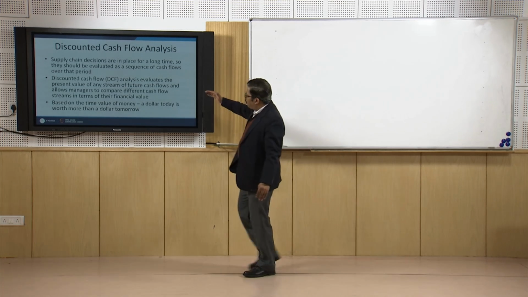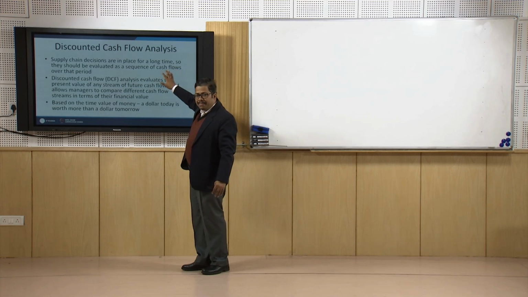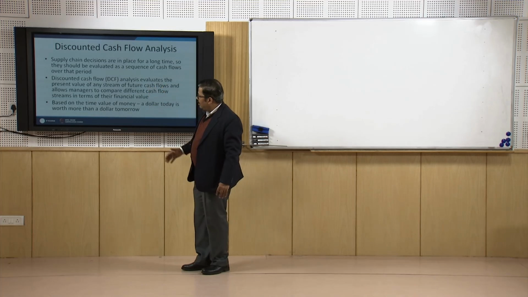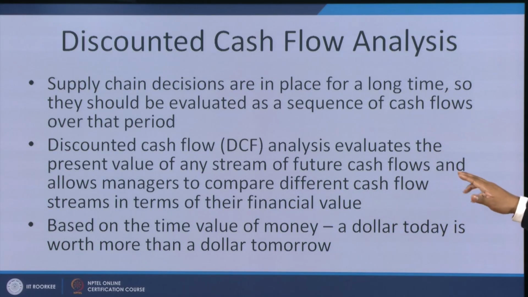The sequence of cash flows over that 5-year or 10-year period is going to decide my supply chain decision with respect to network design. Now, discounted cash flow, DCF, evaluates the present value of any stream of future cash flow and allows managers to compare different cash flows in terms of their financial value.